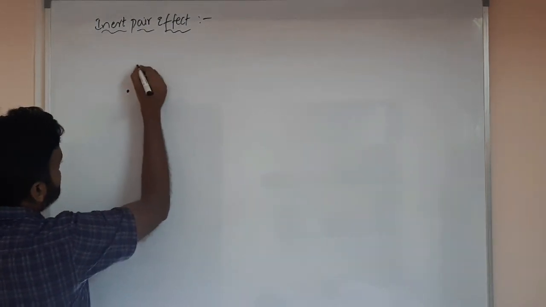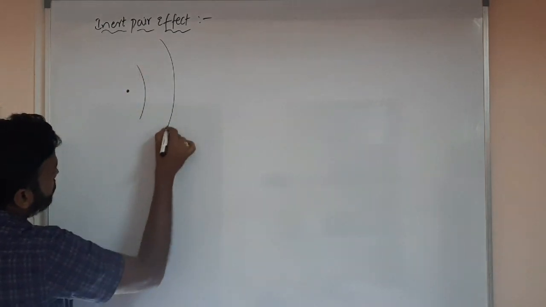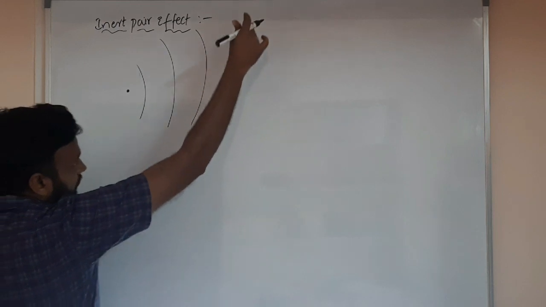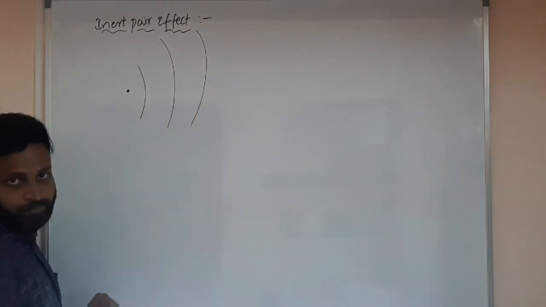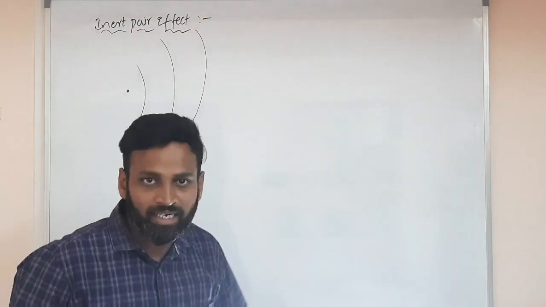Inert pair effect means, actually, as you go from left to right and from top to bottom, the bottom elements will come after D and F block elements.